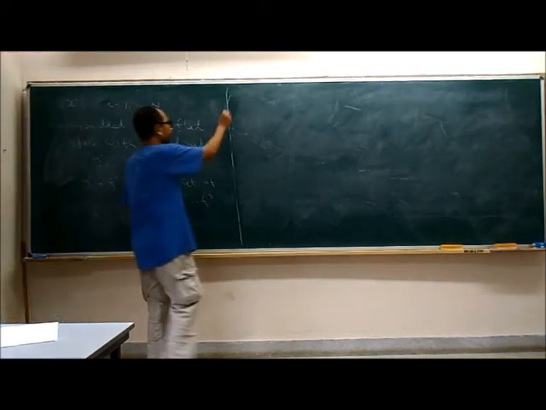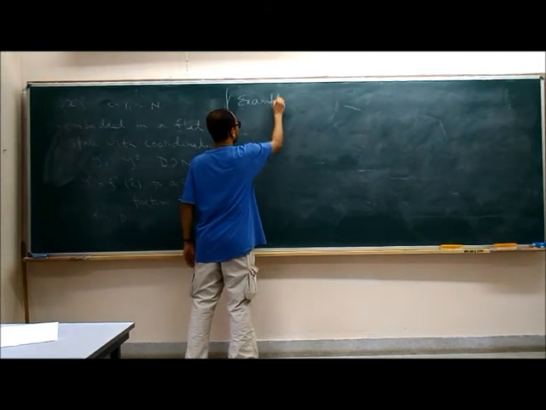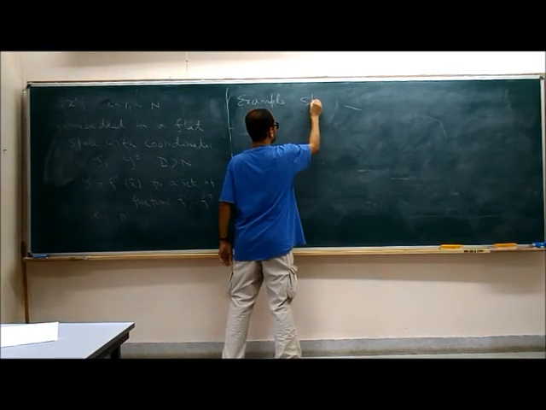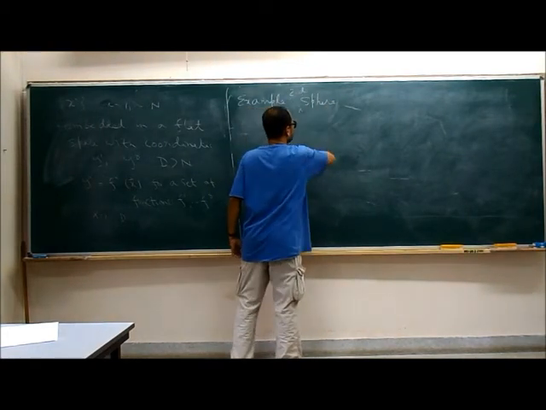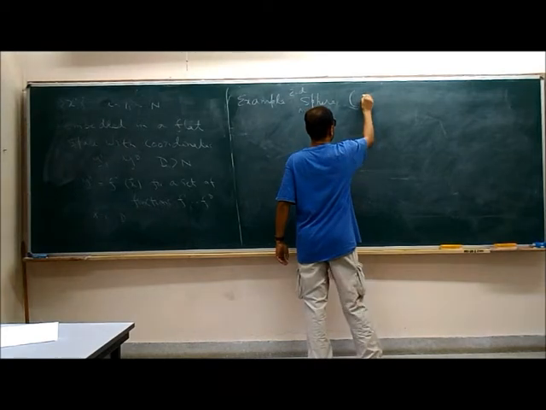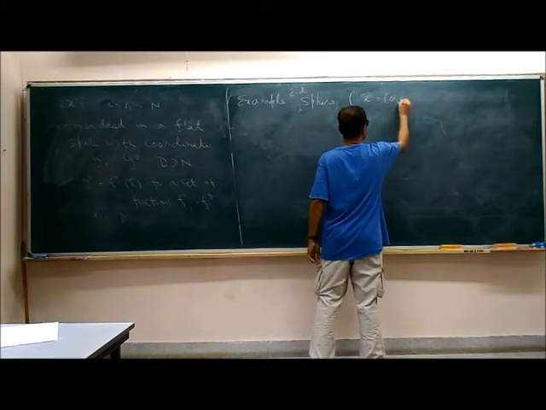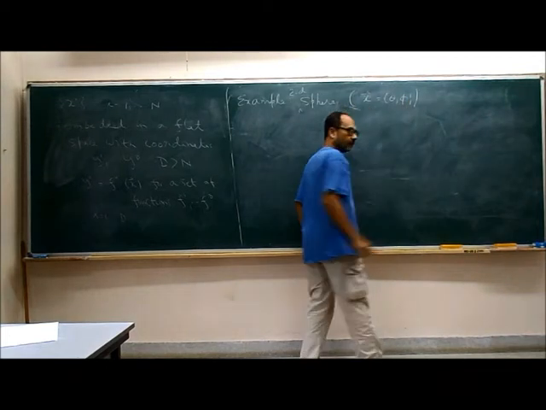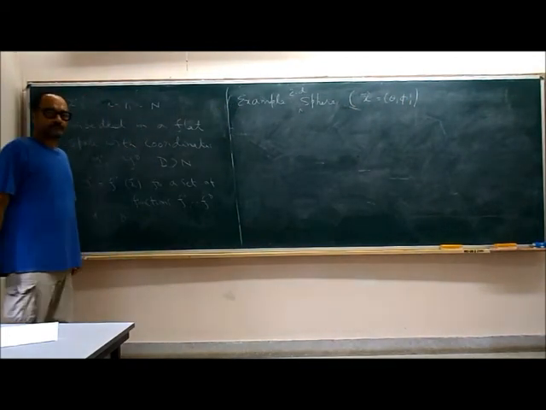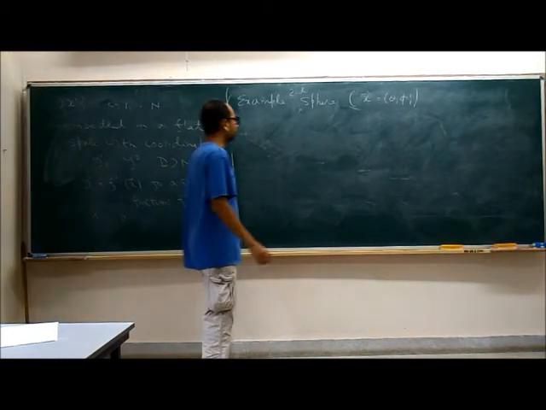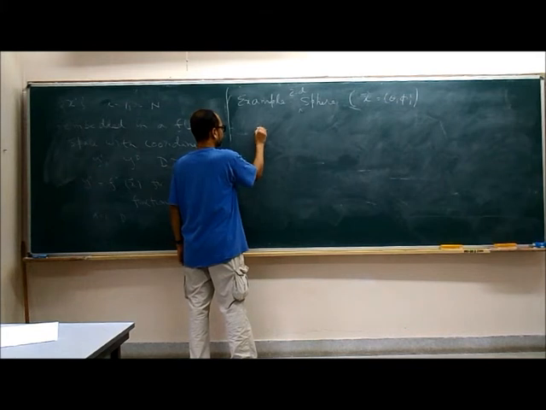So, an example is the sphere, the two-dimensional sphere. Here the x's we can take to be theta, phi. These are the intrinsic coordinates that describe the sphere. And the embedding space is y1, y2, y3.